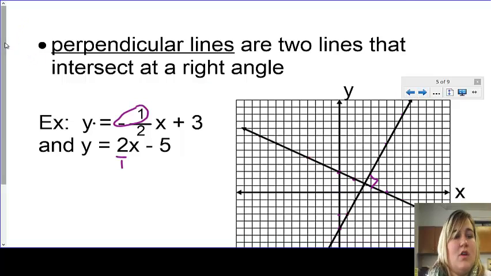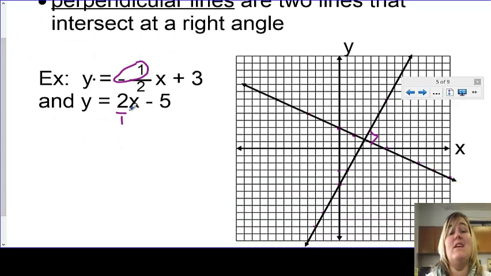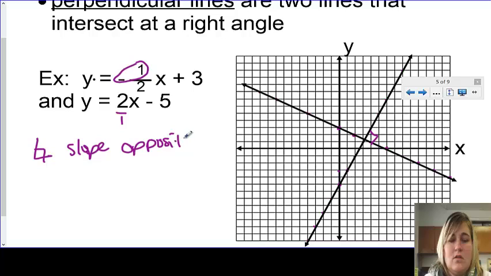Okay, so what do you notice about the slopes of these two lines that make them perpendicular? They're not the same, okay? In fact, for lines to be perpendicular, your slope must be opposite reciprocals.